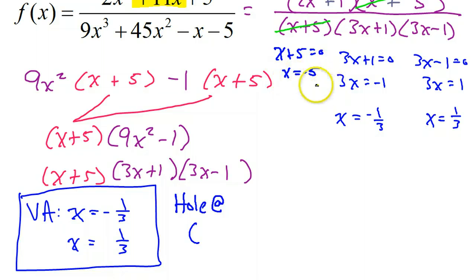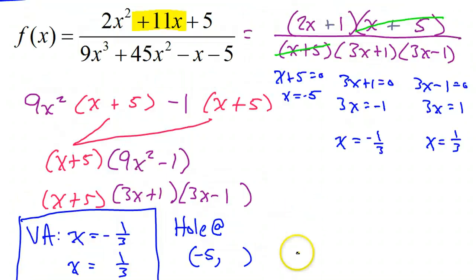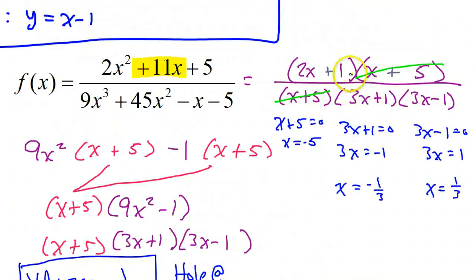Not a vertical asymptote, but it is the x value of a hole. How will I find the y value of that hole? I will find the y value by putting the rest of this into my TI-30. So the 2x plus 1 over the rest.